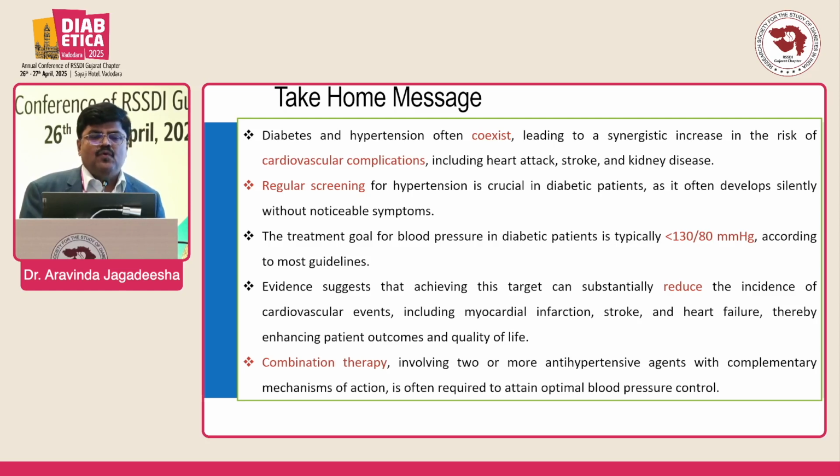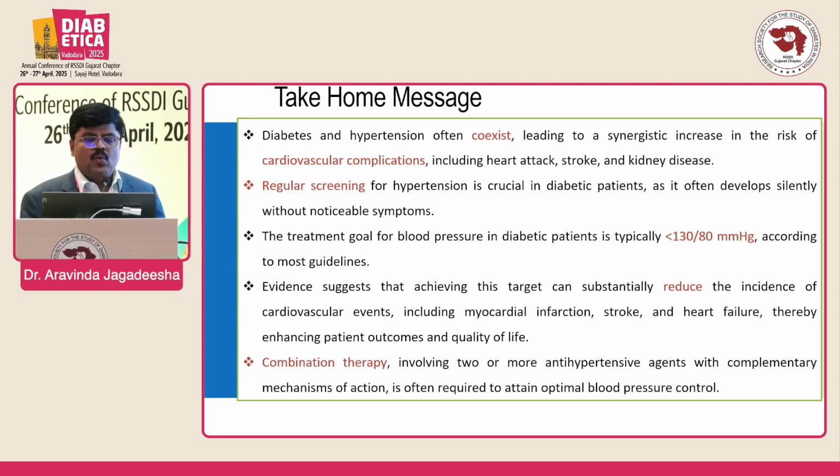The treatment goal for blood pressure in diabetic patients is typically less than 130/80 according to most guidelines. Evidence suggests that achieving the target can substantially reduce the incidence of cardiovascular events, including MI, stroke and heart failure, thereby enhancing patient outcomes and quality of life.